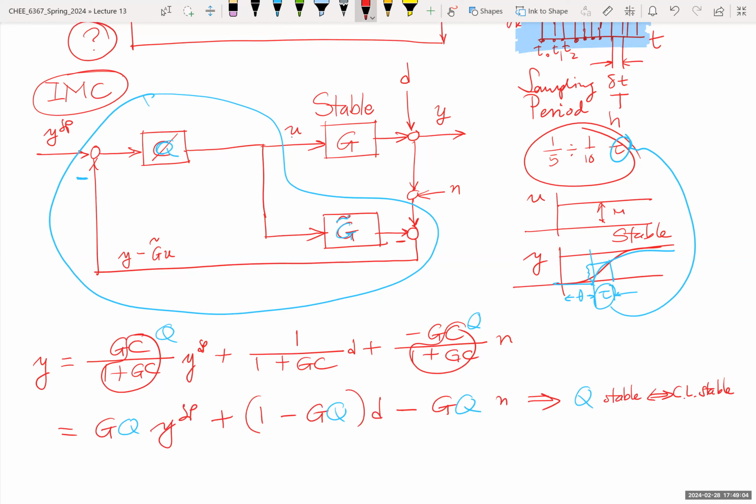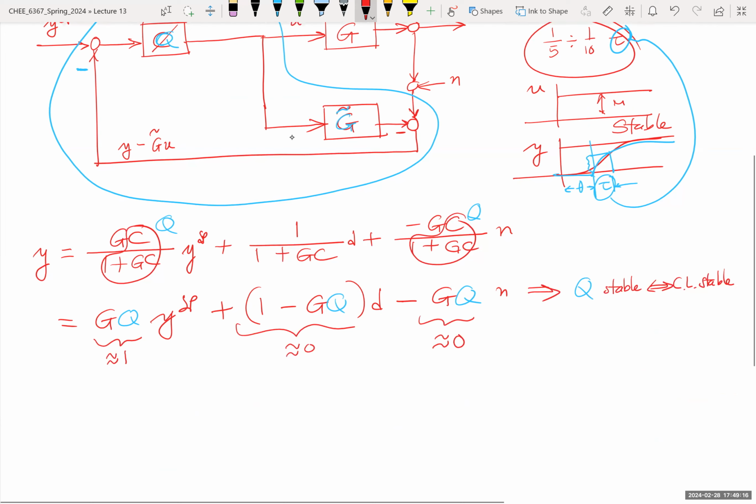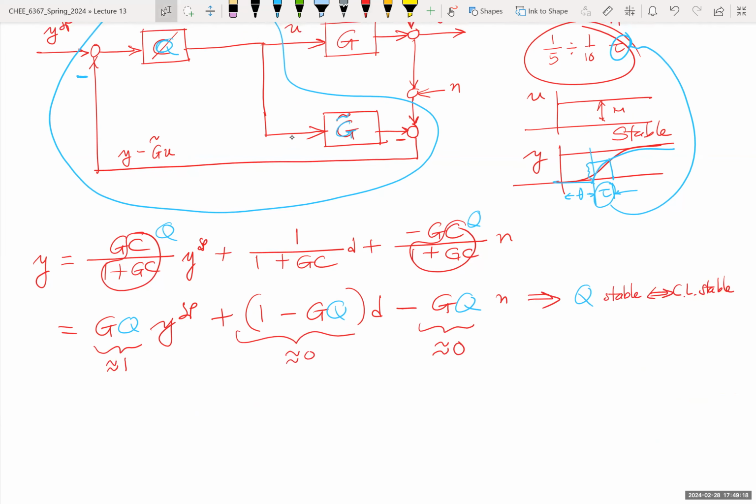This also implies that since we want to make this about 1, and this about 0, and this about 0, we have a design objective, which is make Q approximately equal to 1 over G, and 1 over G must be stable.